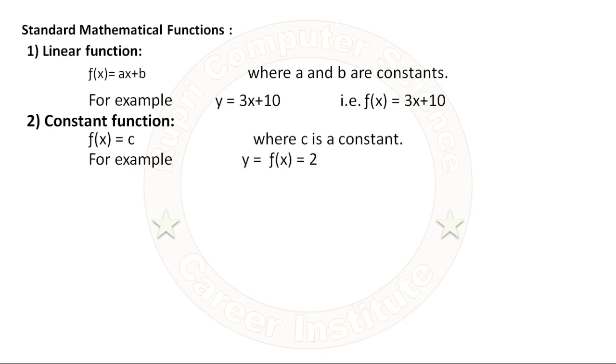Now see, f(x) is equal to 2 for all x, means for all values of x, under f the function gives the value 2 only.